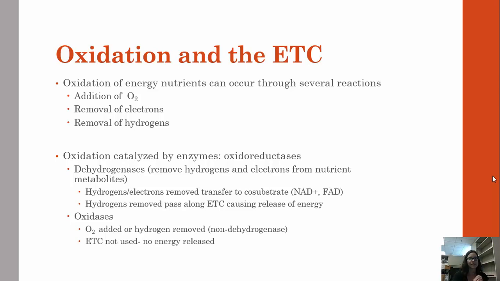So they oxidize them by removing the hydrogens and electrons. These hydrogens and electrons are then transferred to our co-substrate or coenzyme, NAD/FAD, and they pass along the electron transport chain, causing a release in energy. Now, we also have the oxidases, but these are not used in the electron transport chain, and no energy is released.